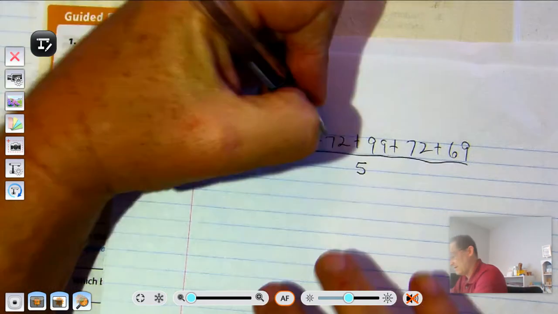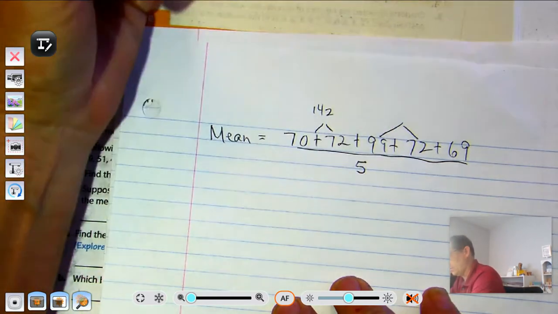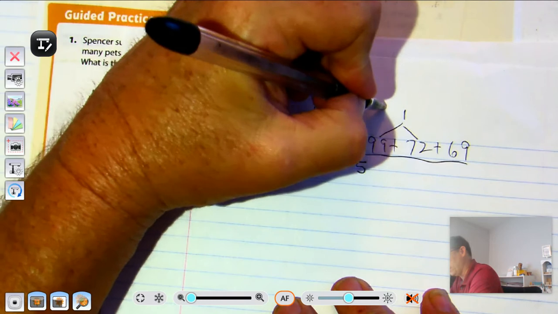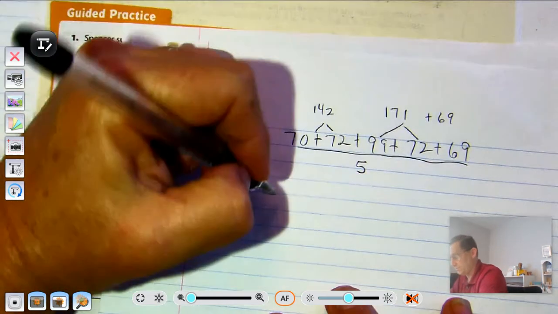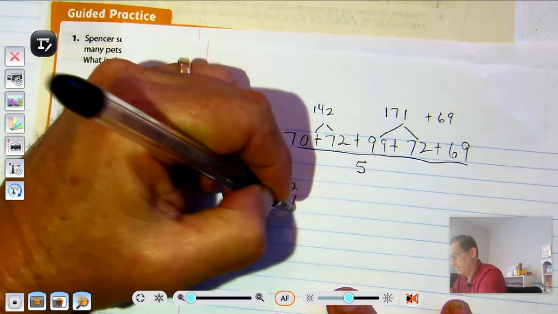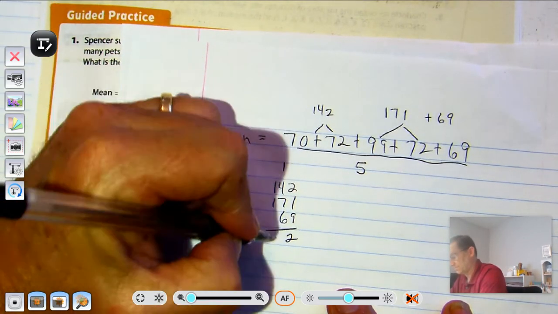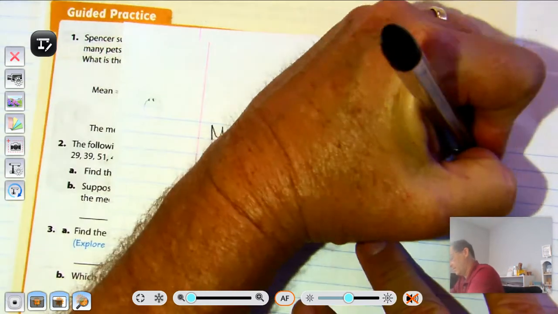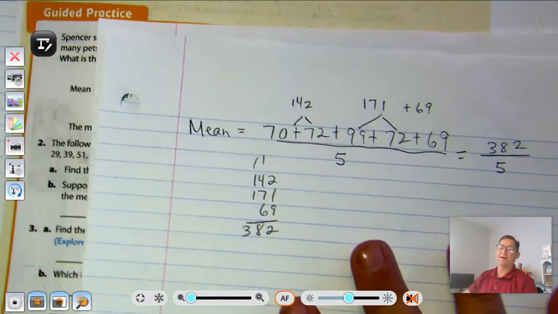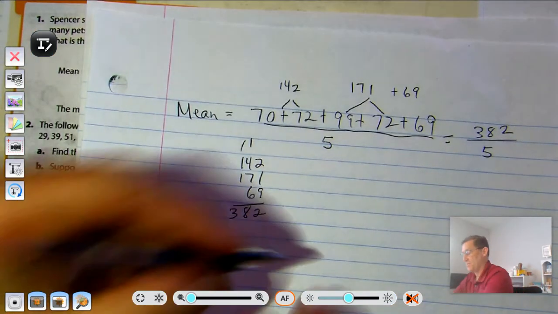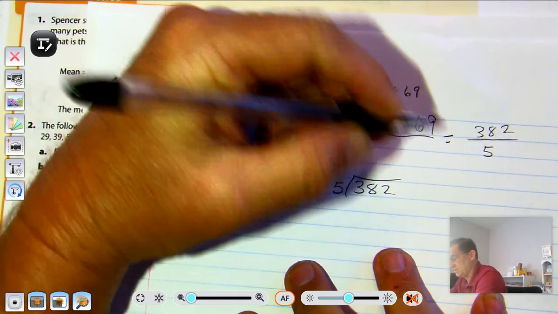So I'm going to combine two add-ins to make it a little easier to add. Okay, so we have 142, 171, and 69. I get a sum of 382. And I'm going to have to divide that total by 5 to find the mean. Remember, the mean is just another word for average.